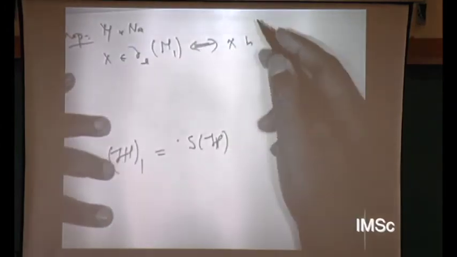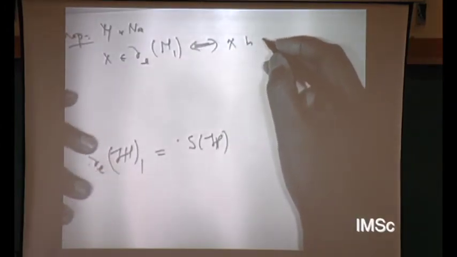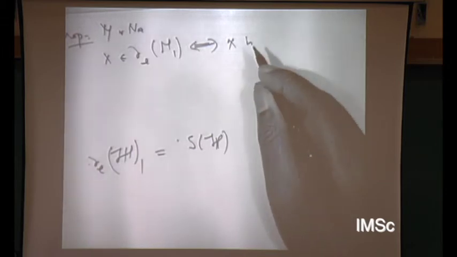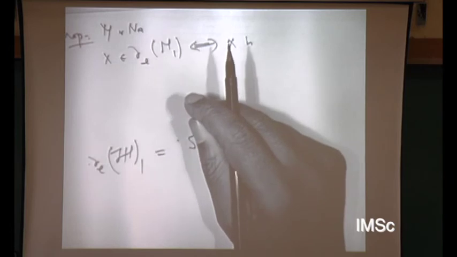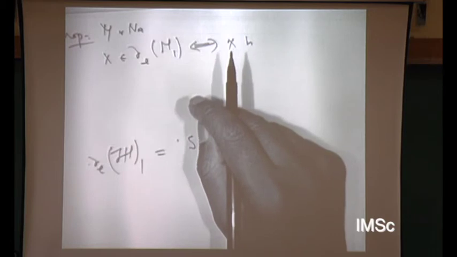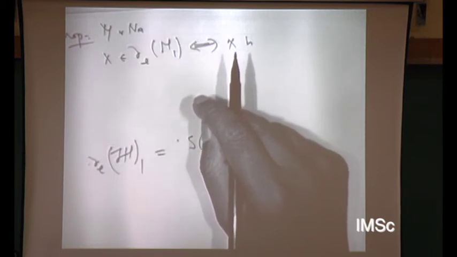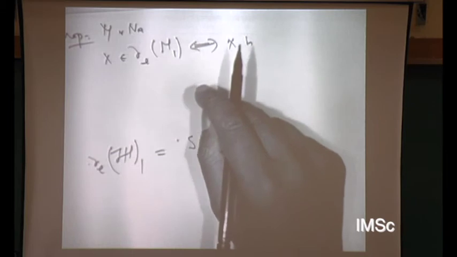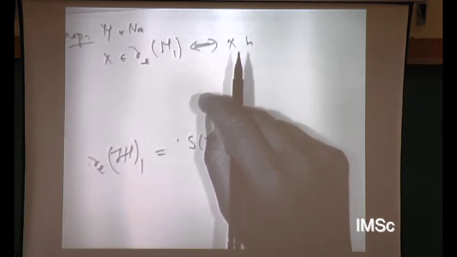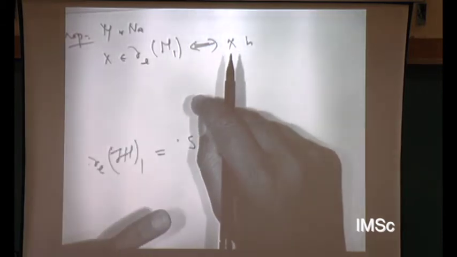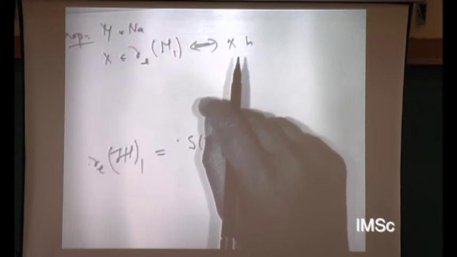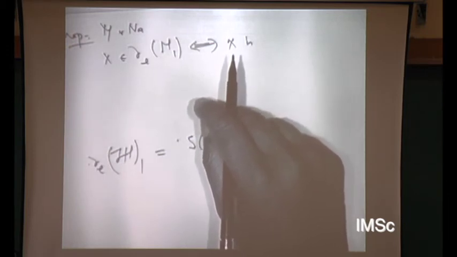So in general, what is true is that if an isometry is extreme, what about the adjoint? If something is extreme, then clearly the adjoint is also extreme, right? But the adjoint of an isometry is not an isometry unless it is unitary. Like the shift, right?